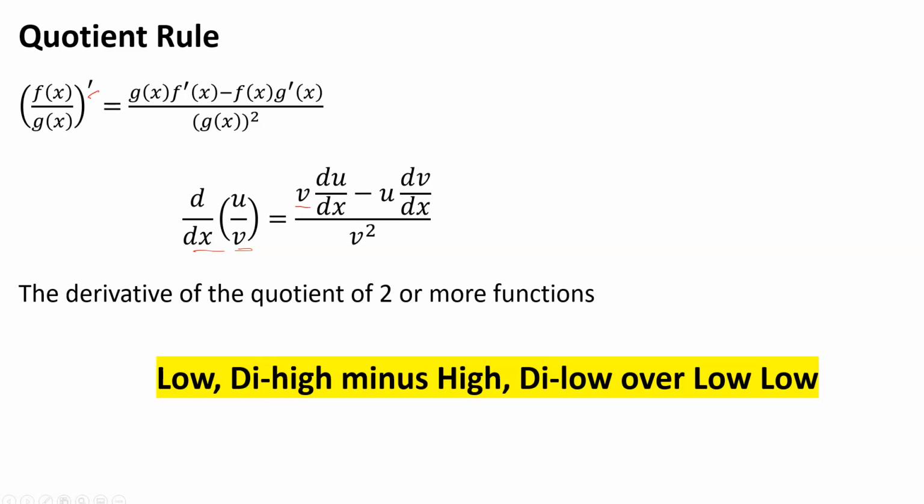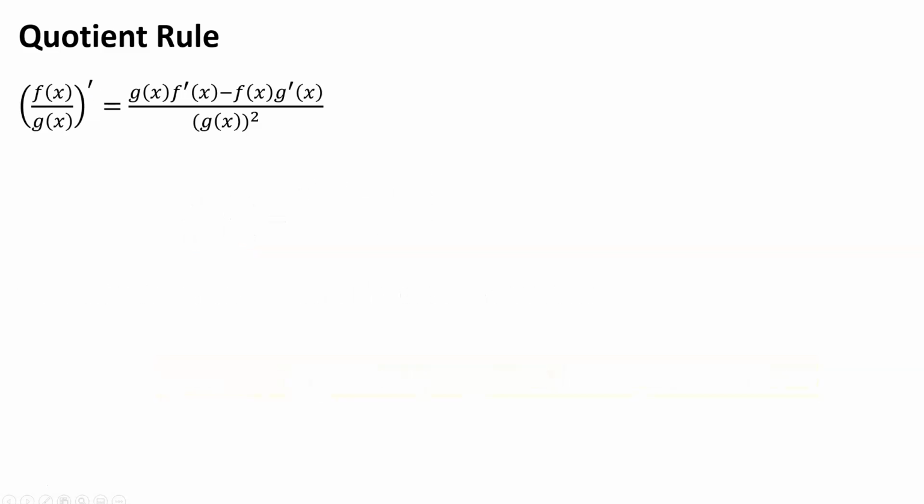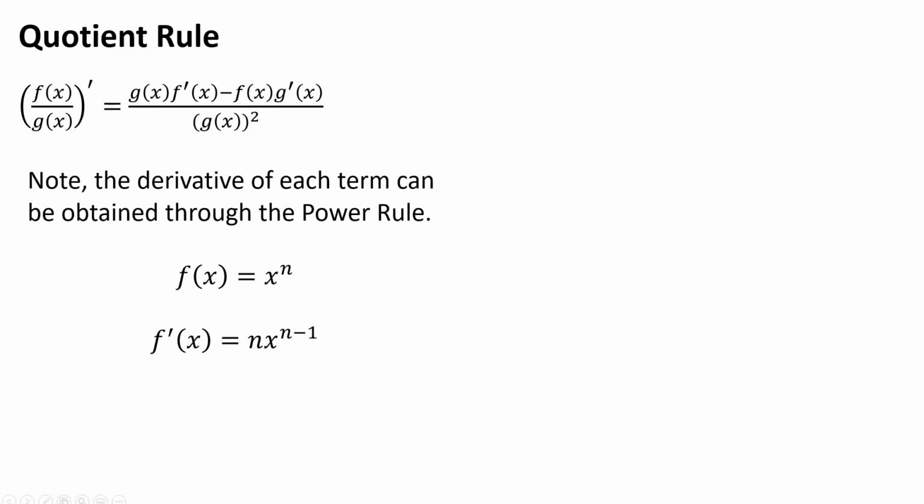So let's go ahead and look at this a little bit more. Move on to an example. So here we have, again, the quotient rule in standard form. And again, remember the video on the power rule. The power rule is the more fundamental derivative that we can work with here. If you know the power rule, you can do all of these a little simpler, right?